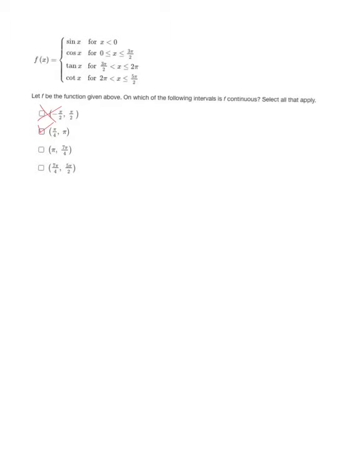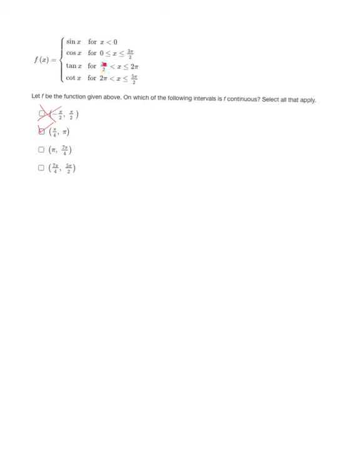Now from pi to 7 pi over 4, well, that starts with cosine and then spills into the tangent one. As I think about tangent, I know that tangent has vertical asymptotes at every interval of pi over 2. So at pi over 2, 3 pi over 2, 5 pi over 2, etc. So that's already a problem here.